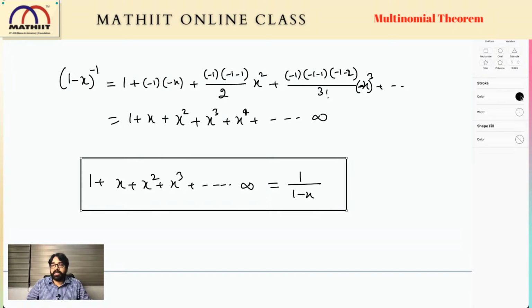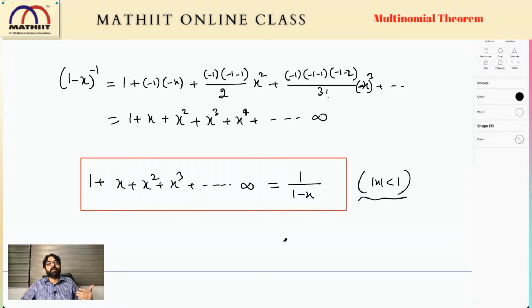The condition is that mod x should be less than 1. Why this condition? You will see in the progression and series chapter. But here you can understand this point. This formula we can derive by using the sum of infinite terms in GP, but right now I am explaining it using this theorem.